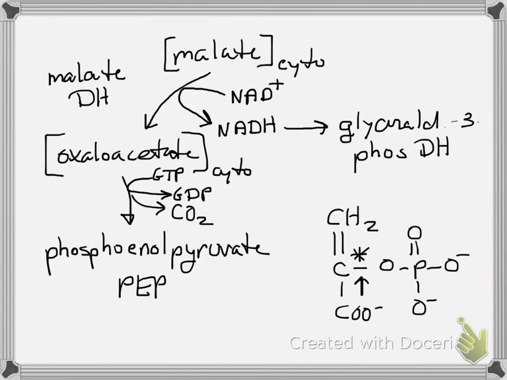Now once we form phosphoenolpyruvate, we can go backwards in gluconeogenesis and take ourselves back to 3-phosphoglycerate.